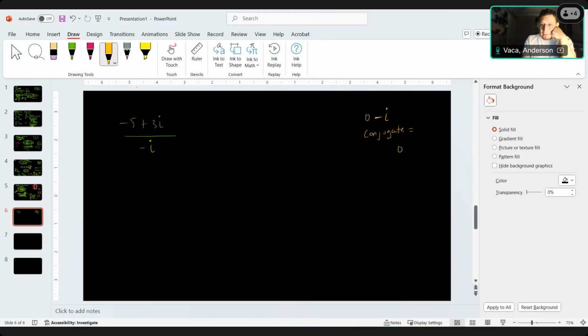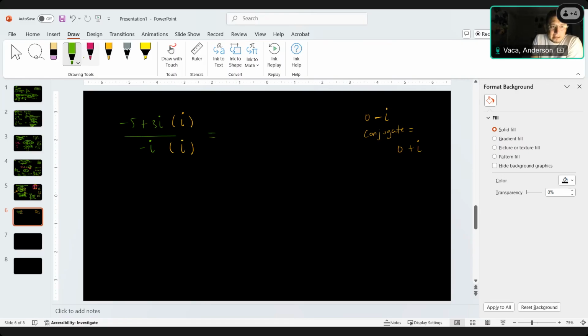But this becomes now plus i. Does that make sense? Yes or no? So what we're doing is we're multiplying the top and the bottom by i. That's the proper way to do this type of example.